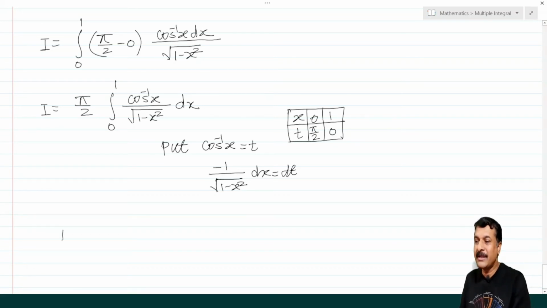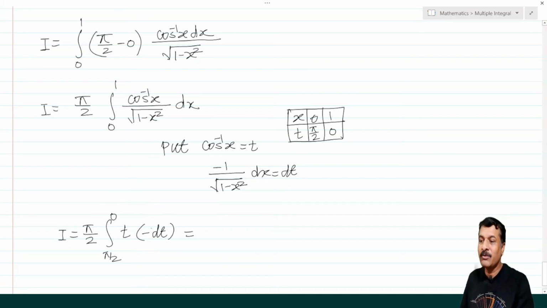So I equal to pi by 2 constant, integration pi by 2 to 0, cos inverse x is t, and the remaining is nothing but minus dt. So I am getting t into minus dt. Due to this minus, the integration limits change, or you can take this minus outside. So I am getting minus pi by 2 integration pi by 2 to 0 t dt.